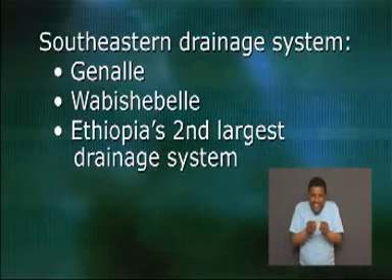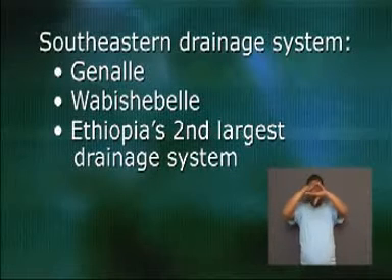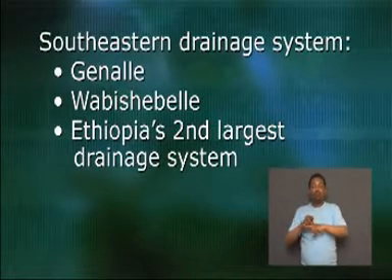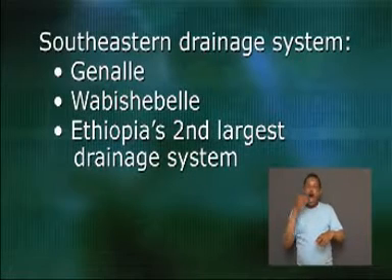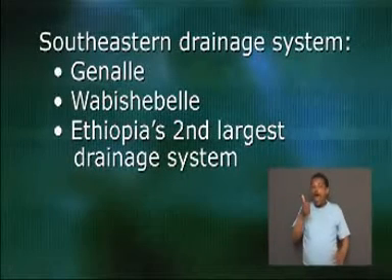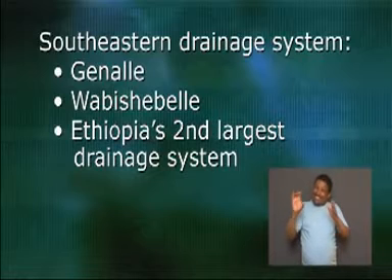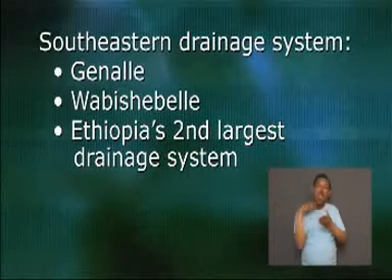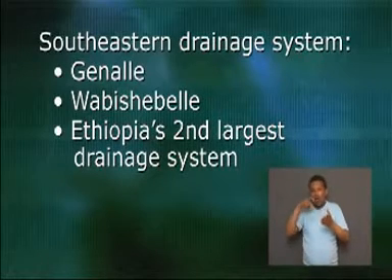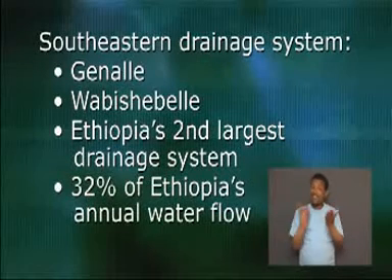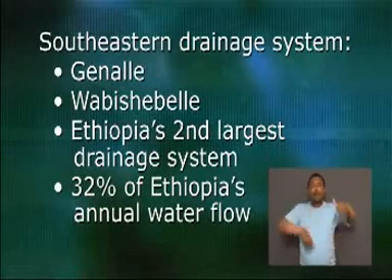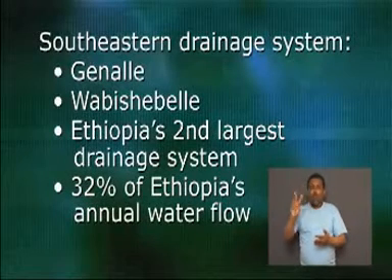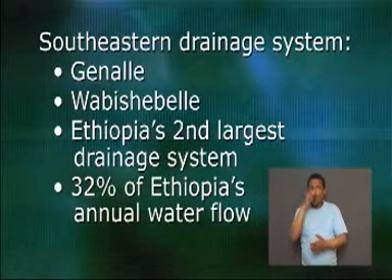Collecting in the highlands of Hararge, Sidamo, Bale, and Arsi, these rivers flow southeast across the Somali arid and semi-arid areas. The Southeastern Drainage System contributes about 32% of Ethiopia's annual water flow.